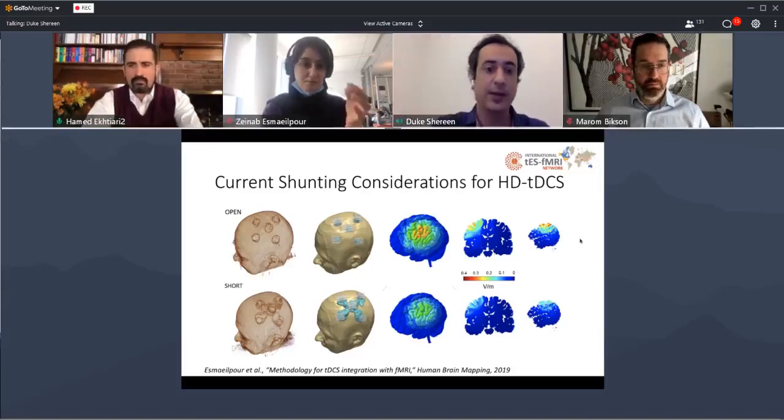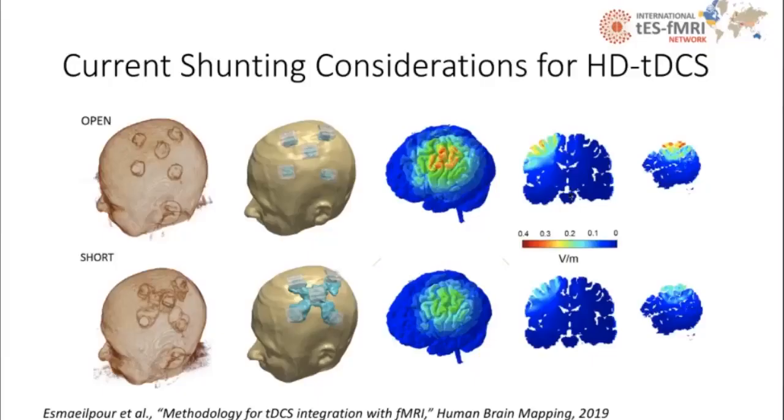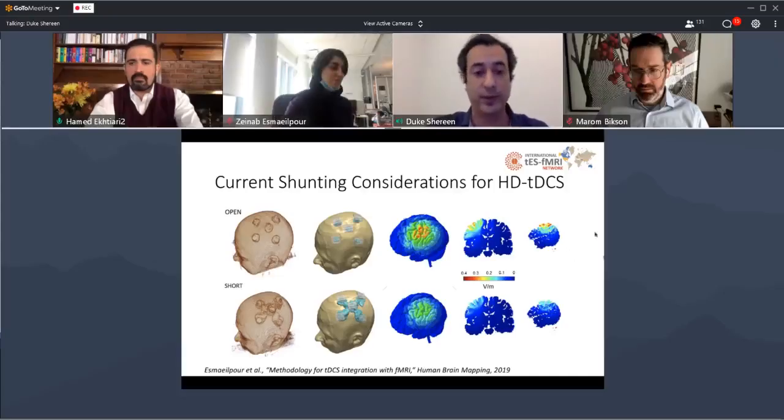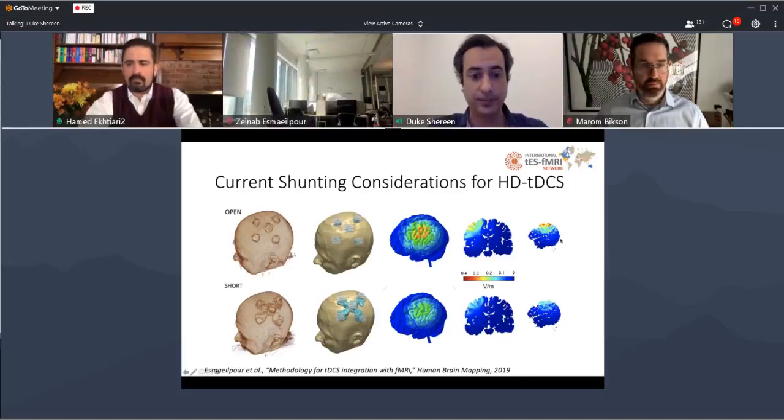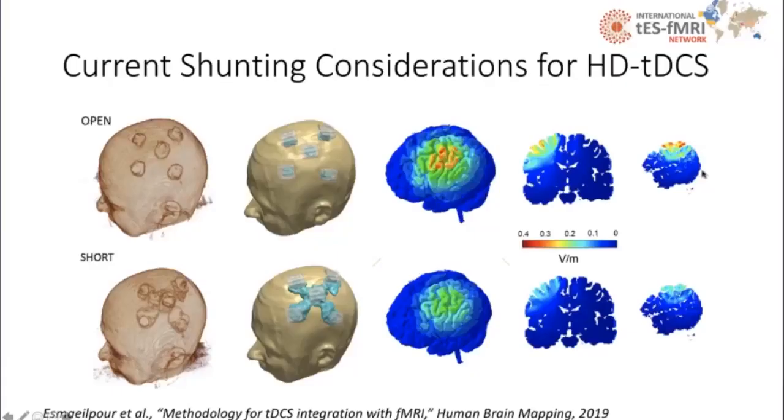And so you can see here on the top row, everything's working well. You've got the minimum amount of gel and the field looks great. But if you have a lot, you can create shorts and it changes what you expect the field to be distributed in the brain. And so I think that's just an important consideration.